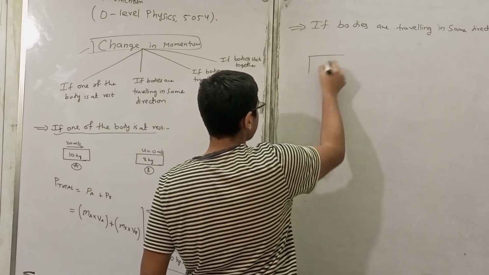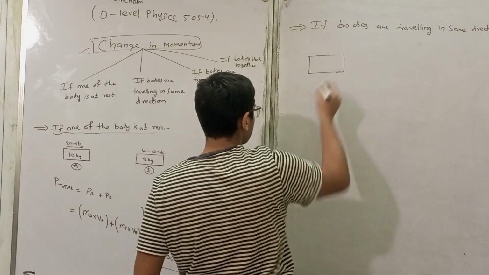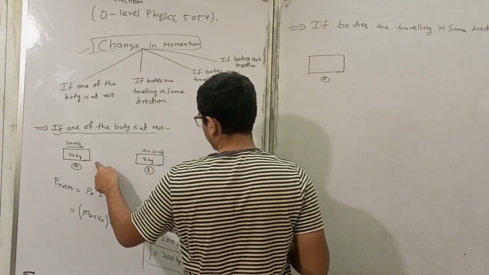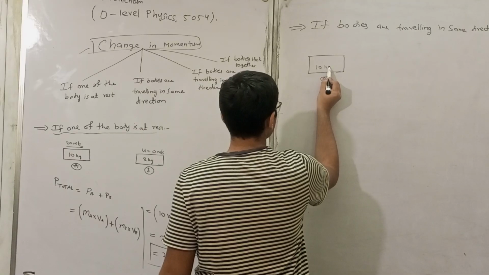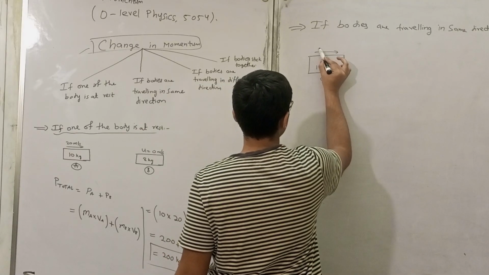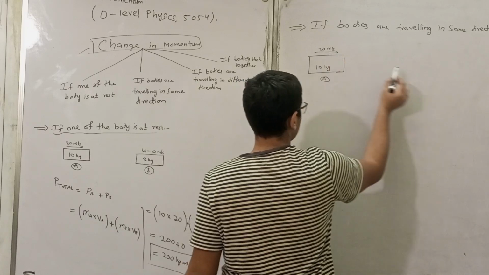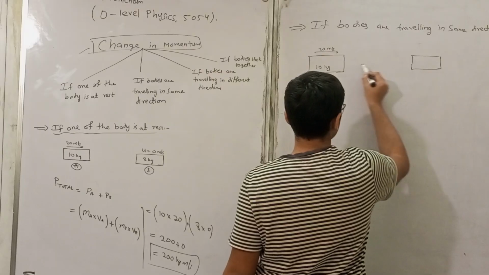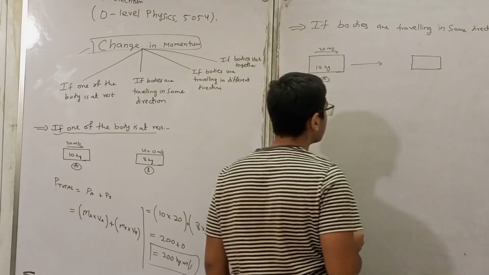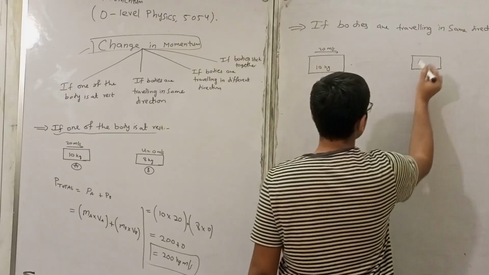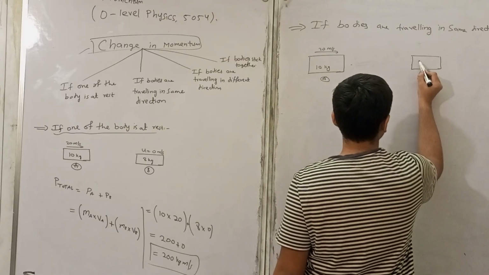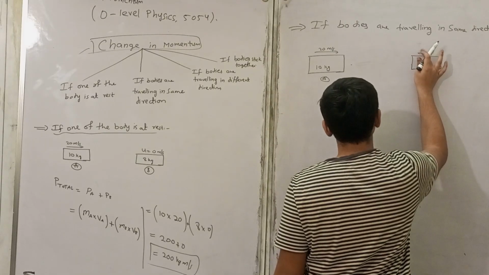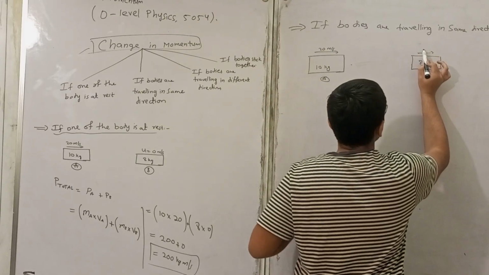Let's say this is a car A with a mass of 10 kg and a speed of 20 meter per second. And this is car B with a mass of 8 kg and velocity, let's say 30 meter per second.